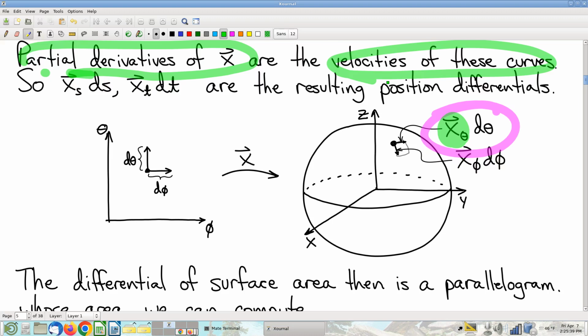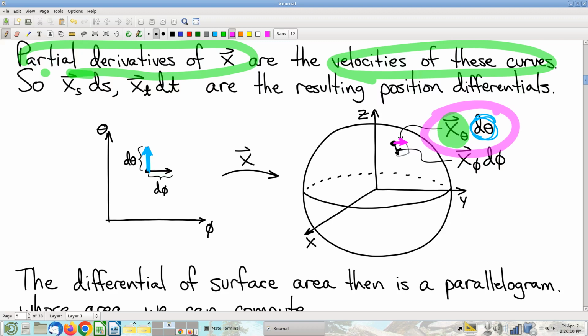And if you think about it, a velocity vector is what you multiply by an input differential to get the corresponding output differential. So nice observation: this little formula, x theta d theta, gives you an output differential, and specifically an output differential that corresponds to this d theta input differential.